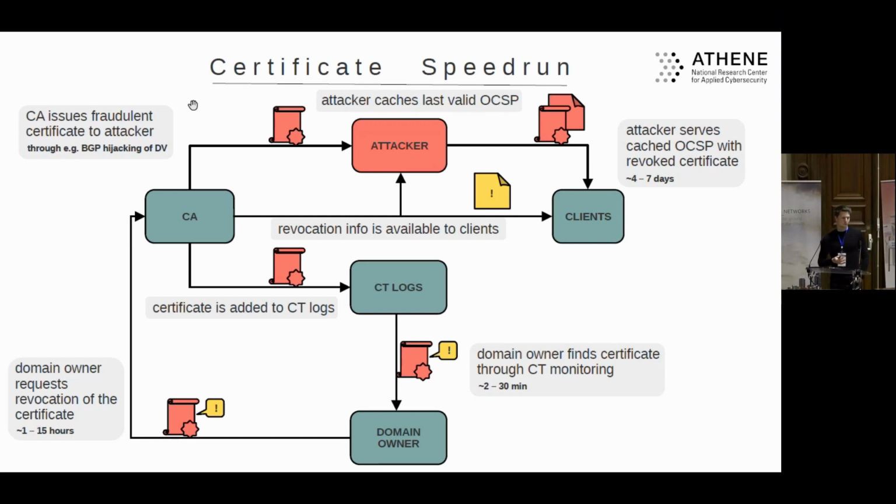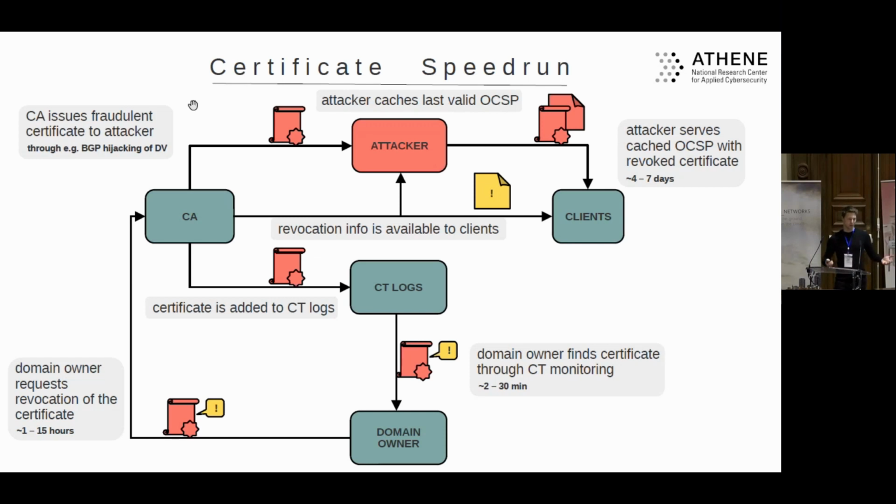In our attacker scenario, this basically means the OCSP response is under the control of the attacker, and he can, while the certificate is still valid, continuously poll the OCSP responder and cache the current response. As soon as the response changes to revoked, he can use the last valid response in the TLS handshake.